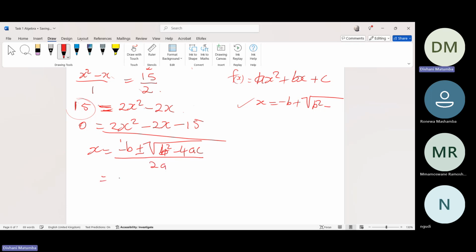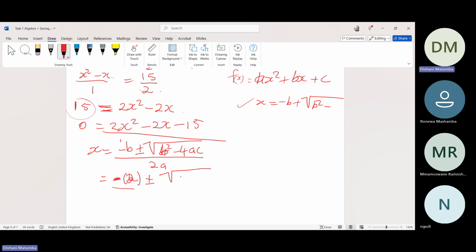So when we substitute, what is the value of b? Negative 2? B is not negative 2. B is 2. It's just that the negative is part of the formula. But I see what you mean. But you agree? Yes. Okay.